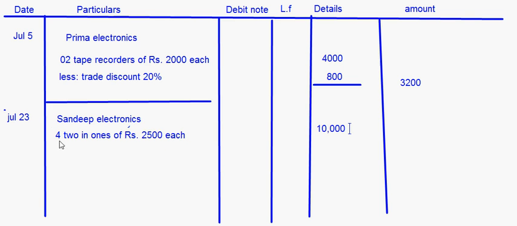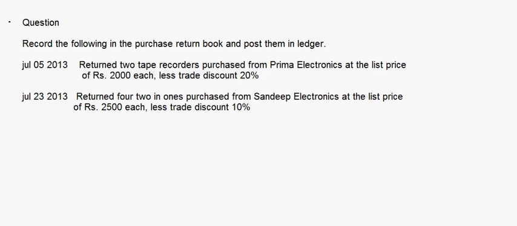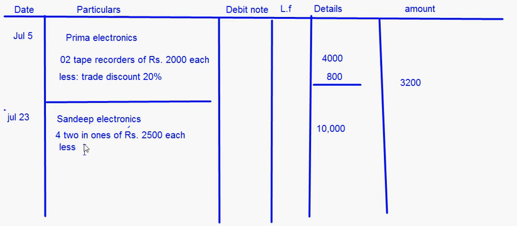Then you have less 10% trade discount, fine. That is 1000 rupees. So here this will be 9000, which will come in the amount column, fine.